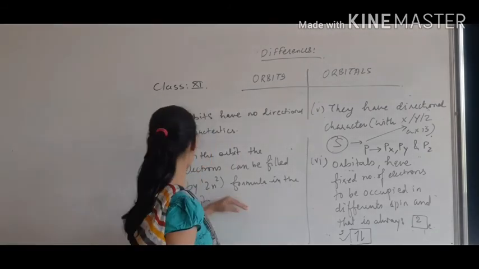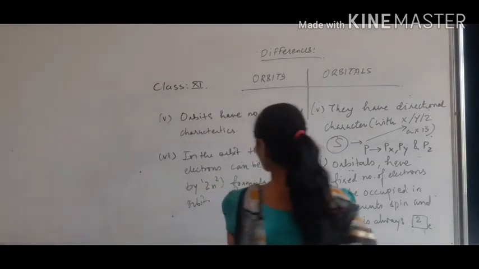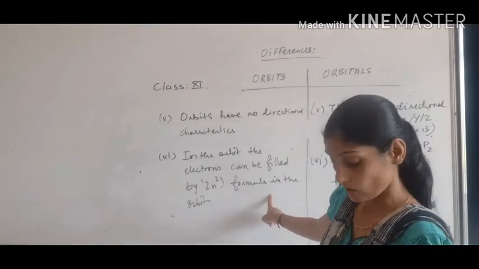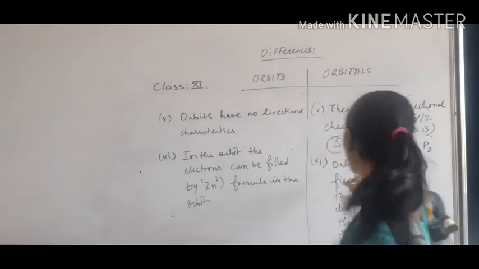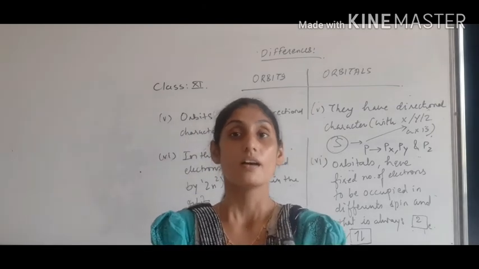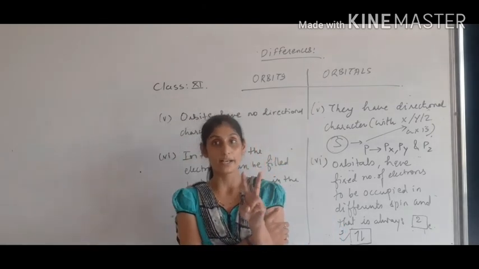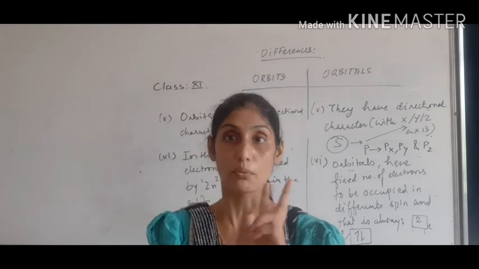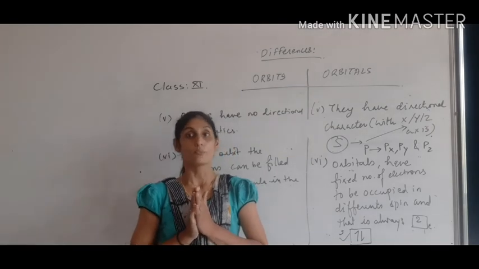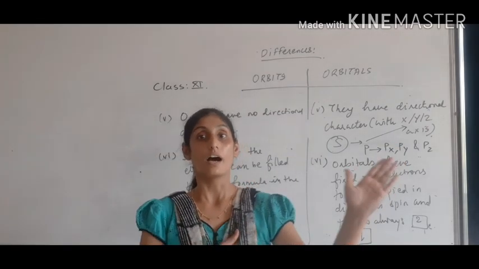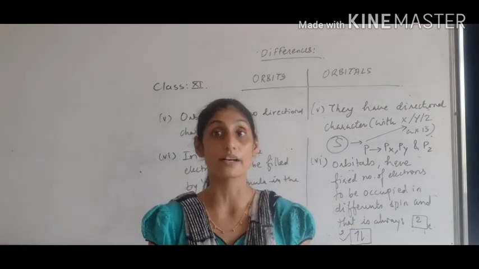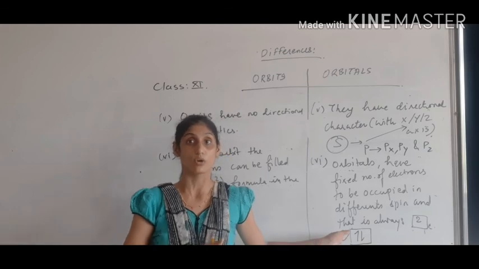Then last point, in the orbit the electrons can be filled by the formula 2n square. n is the number of orbits, or you can write the energy levels. And when we talk about orbitals, they have a fixed number of electrons in the opposite spin, and only two electrons can be filled in an orbital, not more than 2, because this is the rule given by the Aufbau principle as well as Hund's rule, which we will learn later on, how electrons are occupied in these orbitals.